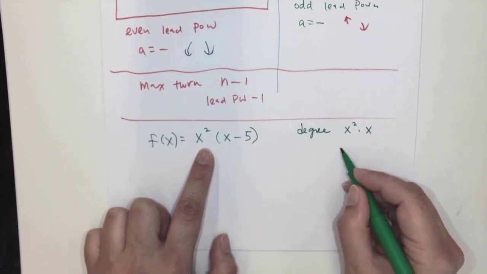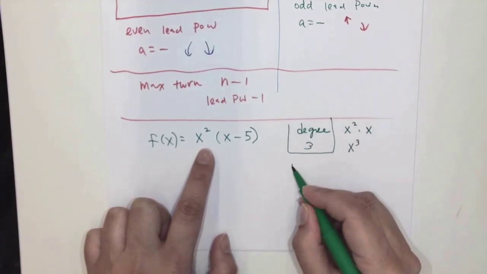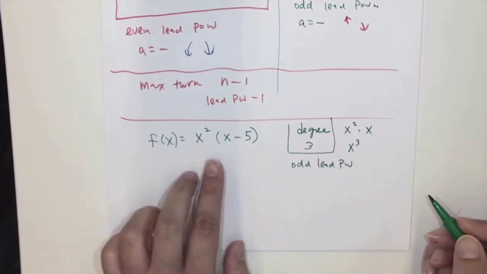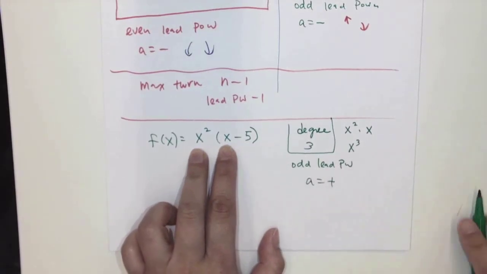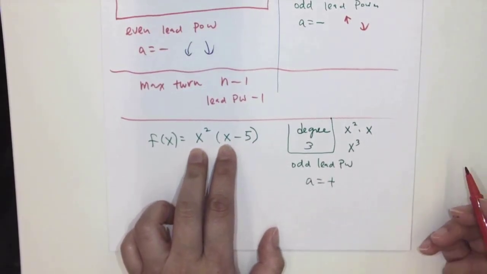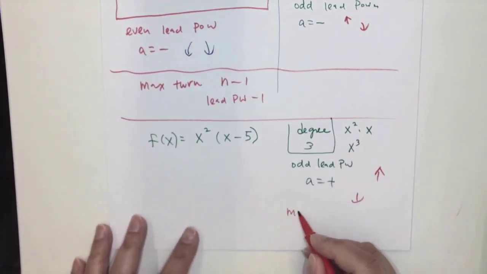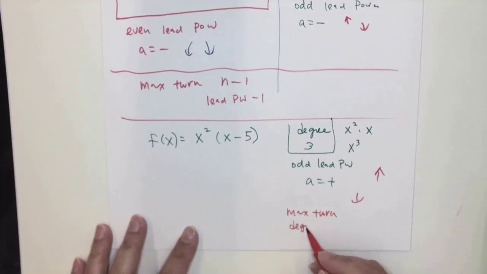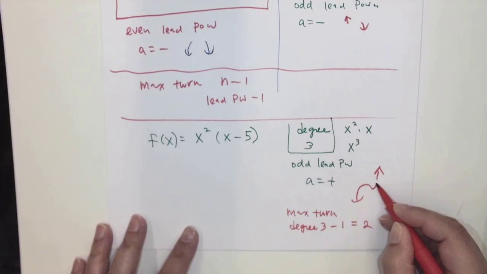So this is a degree 3 function, which is odd leading power, right? And the first term, because these two multiply together, a is going to be positive, right? So how is the end behavior going to look like? Yeah, like this one. What is the maximum turn? It's going to be degree 3, subtract 1 equal to 2. So it's going to be like this.